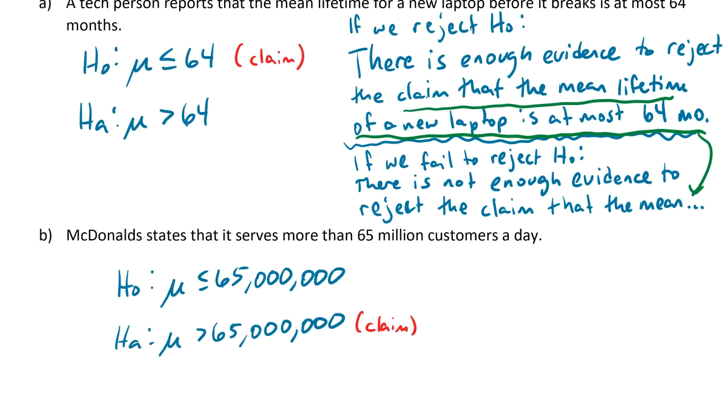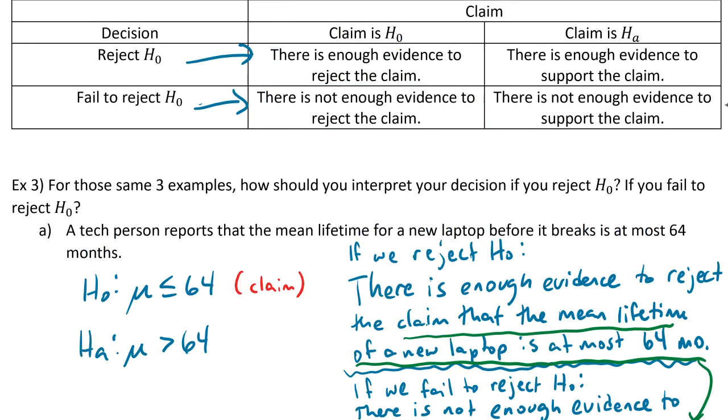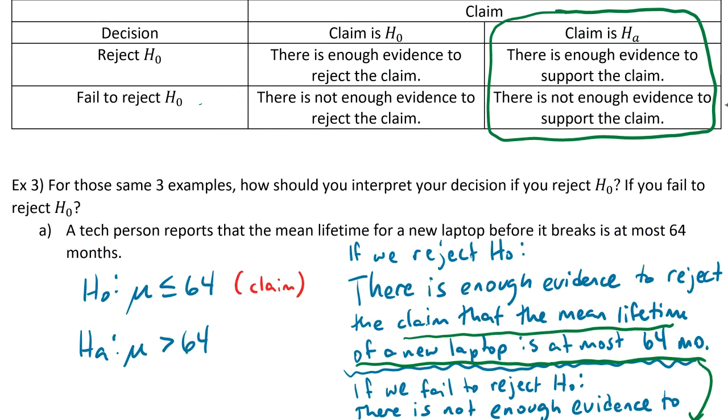All right, let's look at B. This was the McDonald's one, serving more than 65 million customers a day. In this one, our claim was the alternative hypothesis. So if we look at the alternative hypothesis, then when we reject the null, it's going to be the top one. When we fail to reject the null hypothesis, it's going to be the bottom one.